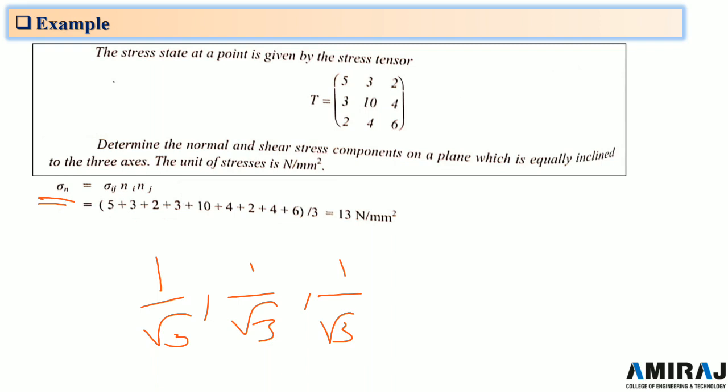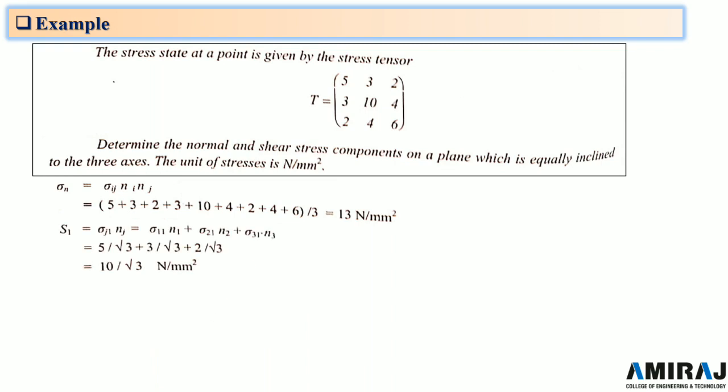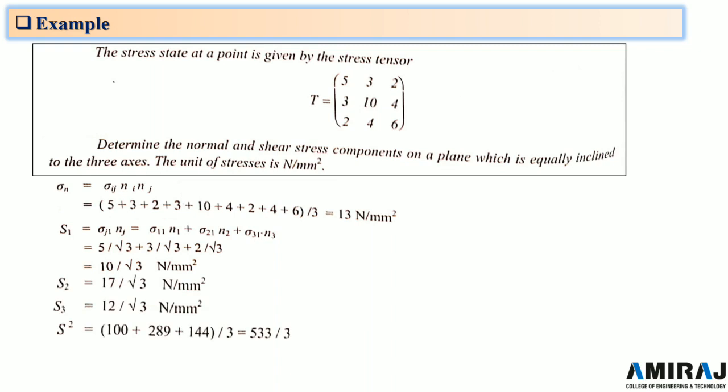The components S1, S2, S3 of vector S are determined as S1 equals sigma 11 N1 plus sigma 21 N2 plus sigma 31 N3. In this way we can write S1, and similarly we can find the values of S2, S3 and S square.